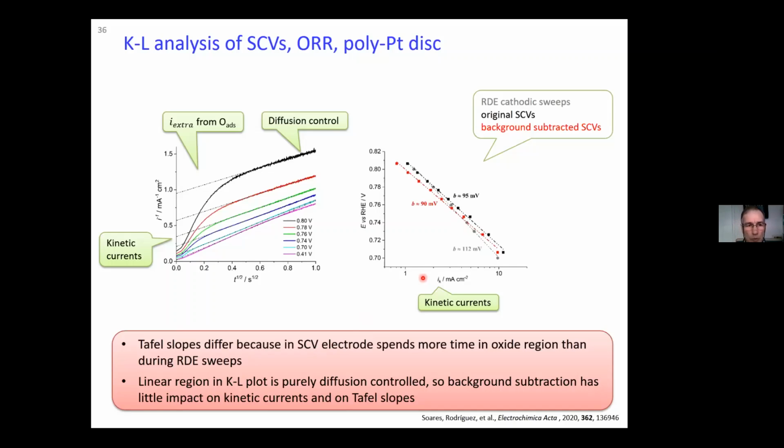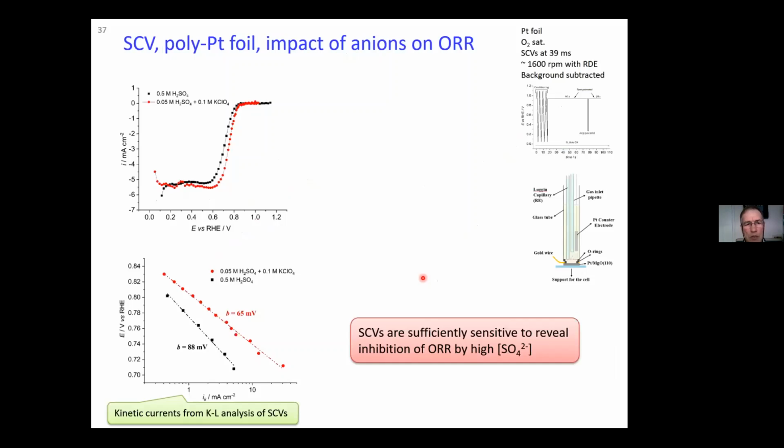So we wanted to push this further and see what else we could do with sample current voltammetry for the oxygen reduction reaction. Sibel switched to platinum foil. This is where she used this cell.